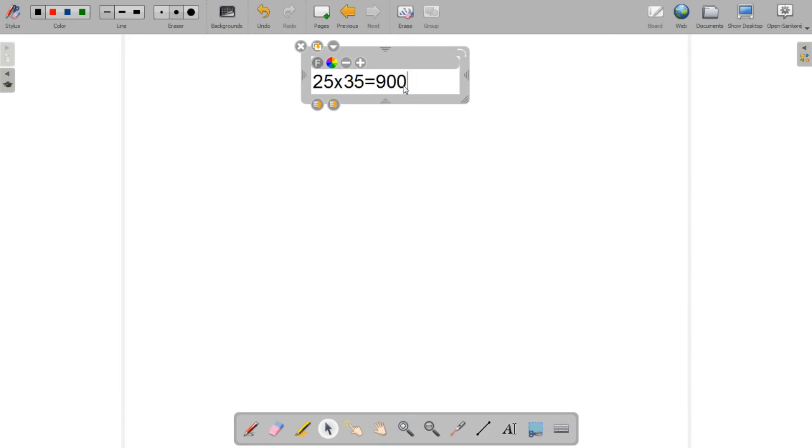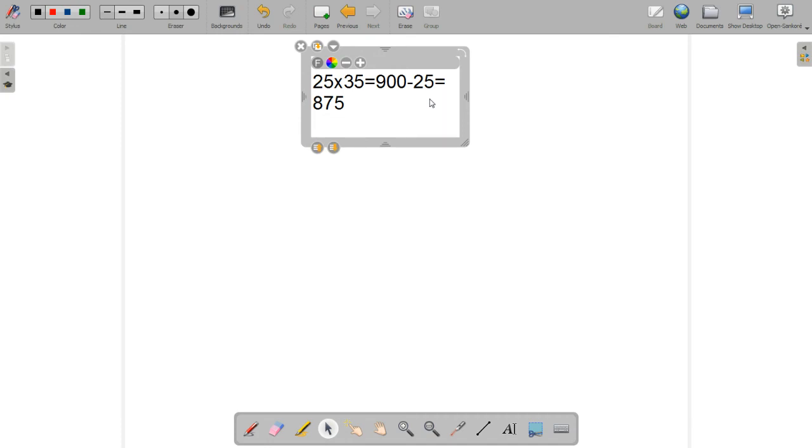And how far away are they from 30? 5. 5 squared, 25. So as you can see, that's another way to apply it.